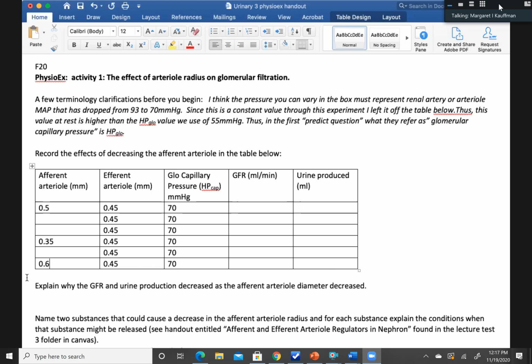So are there any questions on what's going on with changing the afferent arteriole and how that's changing glomerular filtration rate? And is this basically what people found?